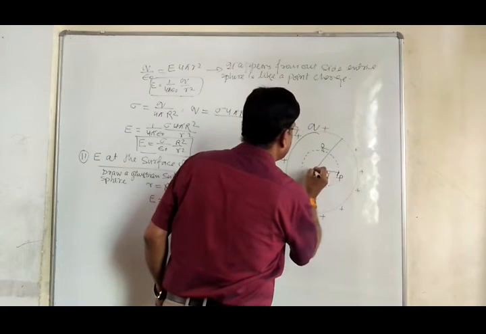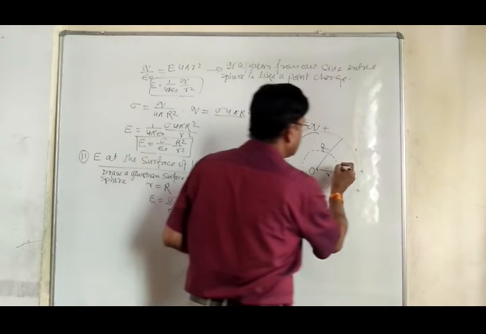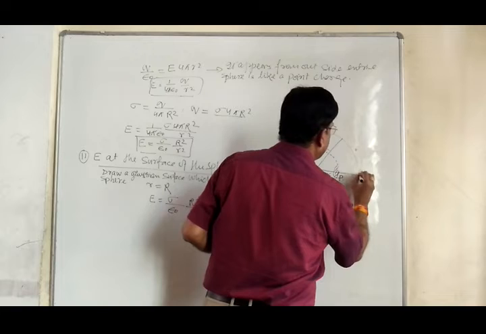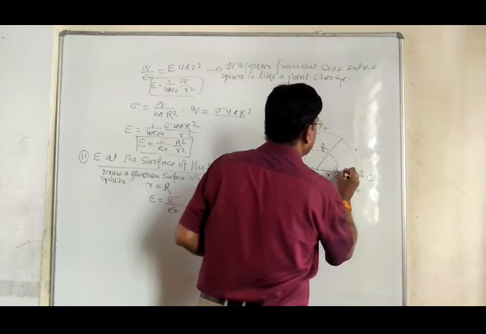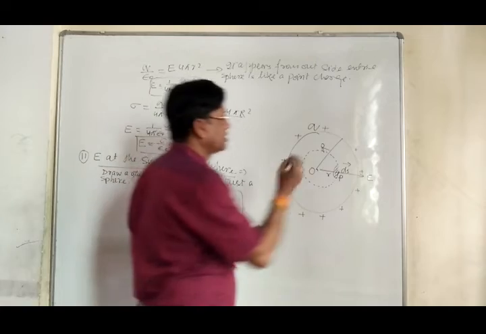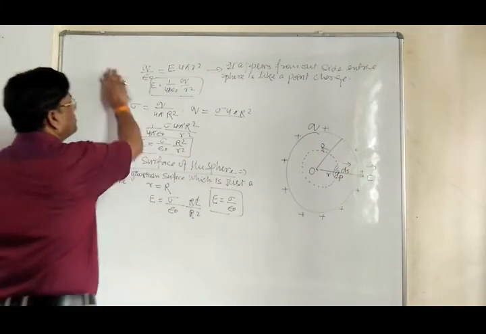This is the Gaussian surface. Same thing, we choose the area vector. This dS and E are directly outward. It is E, this is dS. They both are in the same direction. All these things are the same.